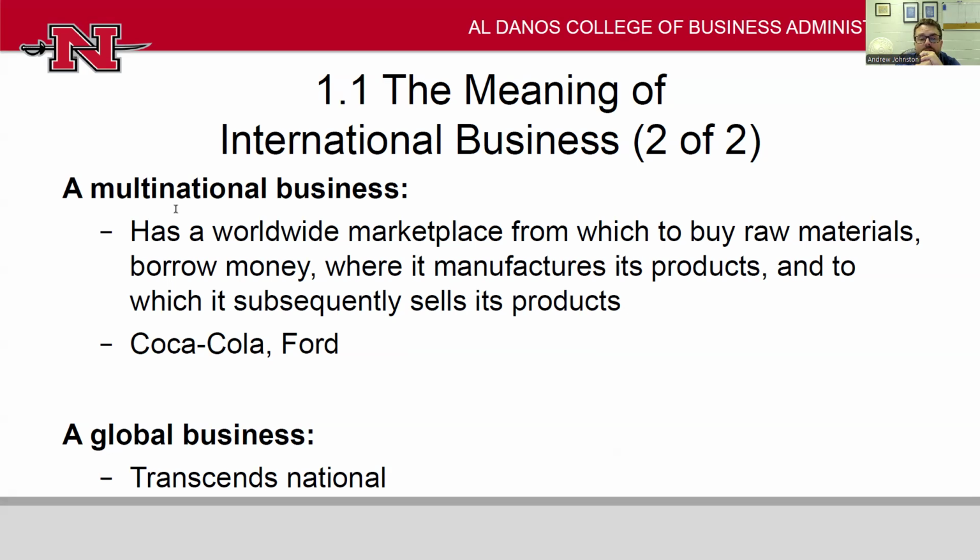And then we have this idea of a global business, and it really transcends the national home base altogether. It almost operates in the world as one big global market, or almost without boundaries. In some ways this might be a bit of a dubious label, but it is used.